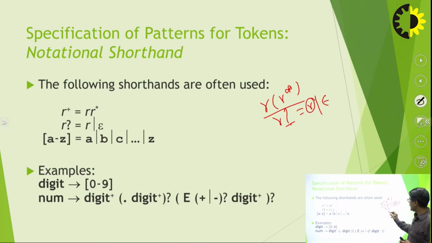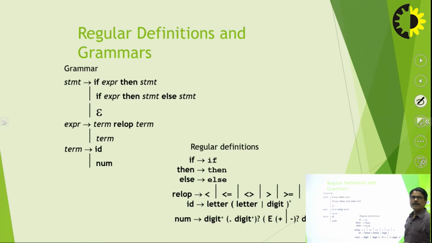If you write A to Z, this is the expansion A, B, C to Z. For example, digit 0 to 9, and number: either digit plus is there or epsilon is there. You can put anything. So all these abbreviations are used to notate these particular expressions, and we use these expressions for our calculations.